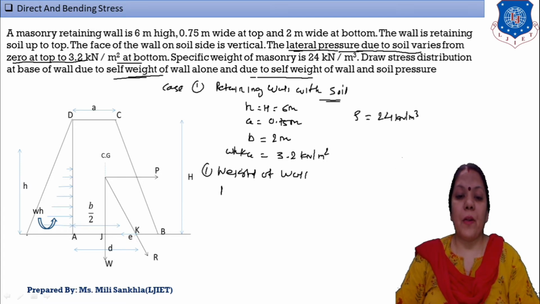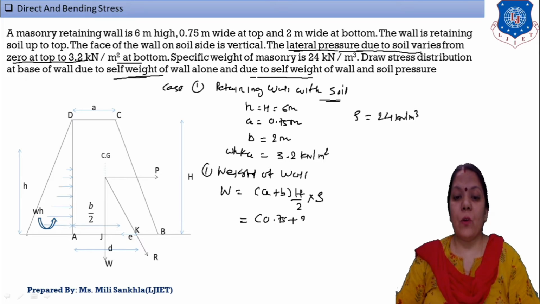The weight of the wall, capital W, is equal to (A plus B) into capital H by 2 into density. A is our top width 0.75, B is our bottom width 2, height H is 6, divided by 2, and density is given 24.